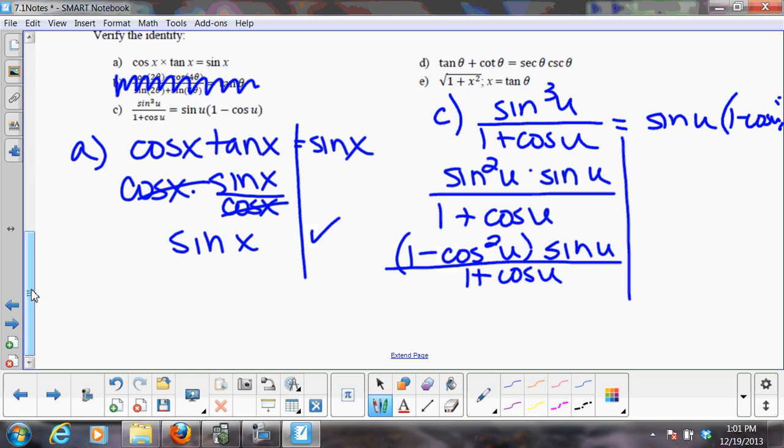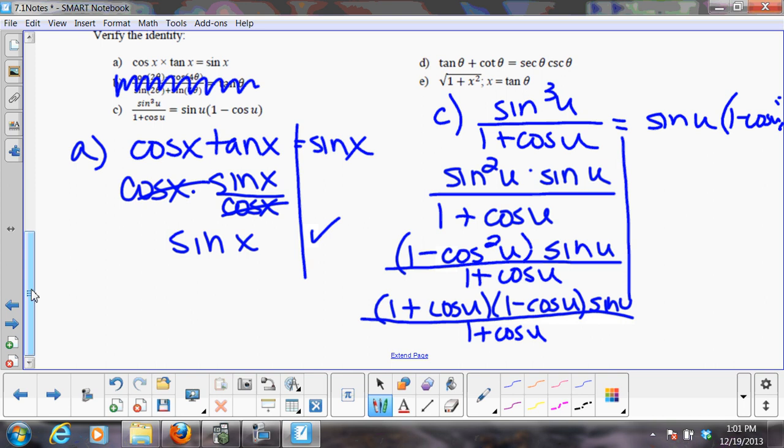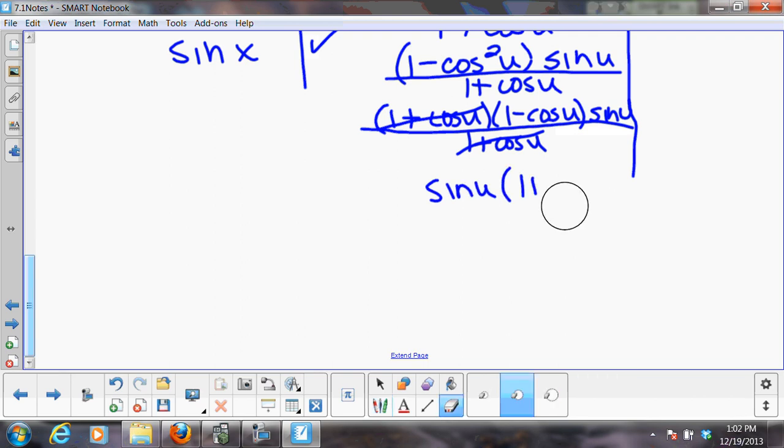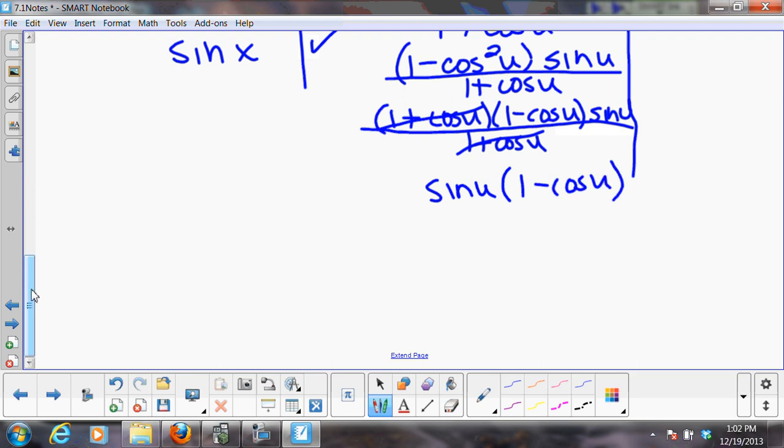So I'll factor it: 1 plus cosine u times 1 minus cosine u. There's still a sine u at the end. The bottom is 1 plus cosine u. The 1 plus cosine u's go away, leaving me with sine u times (1 minus cosine u). Matches the other side.